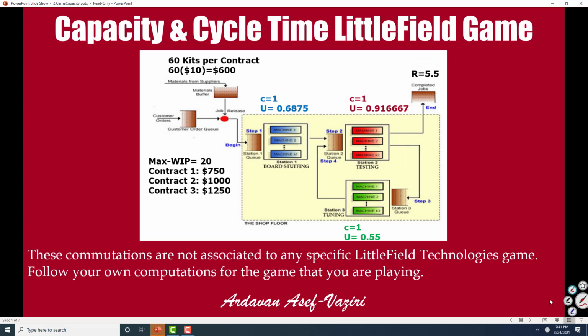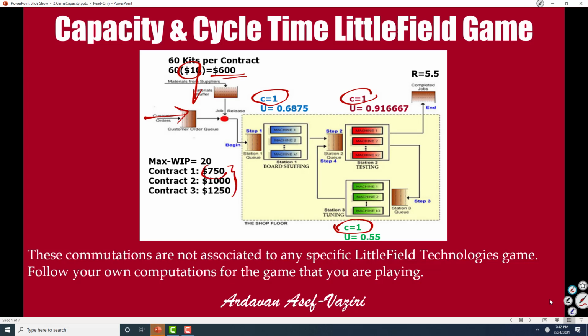We have one machine in station 1, one machine in station 2, and one machine in station 3 for the time being. Each contract, each product requires 60 kits, and the cost of each kit is $10, which makes it $600 raw material cost.